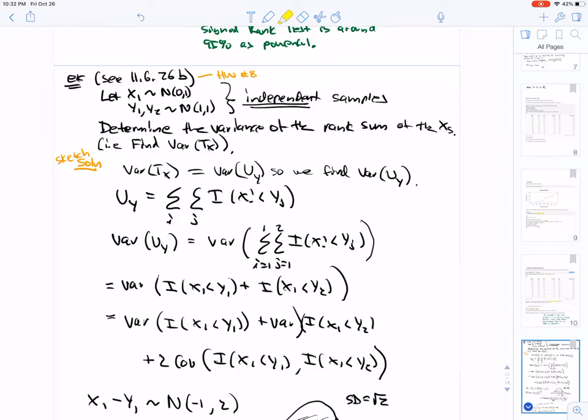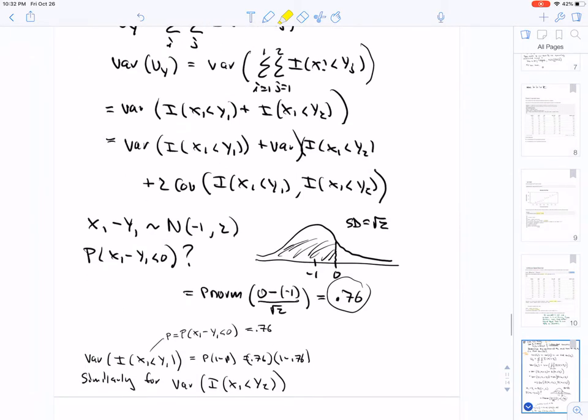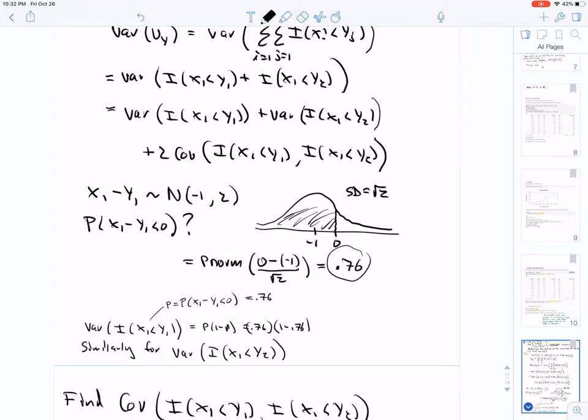Well, the variance of T_x is the same as the variance of U_y, because of the relationship of T_x and U_y, which you can look back and see what that is. So right now, we're going to find the variance of U_y, and U_y is the sum of two indicators in this case, and these indicators are dependent on one another, as we'll talk about below.